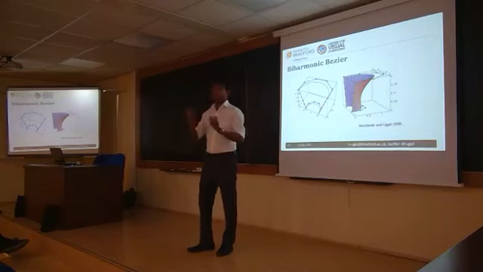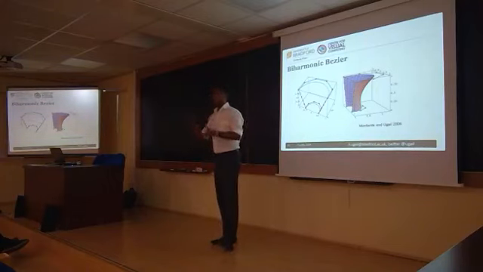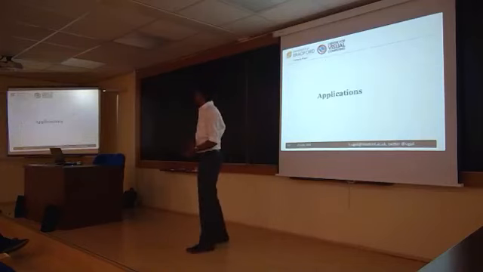So this is what we call the biharmonic Bezier surface. It's a Bezier surface, and at the same time it satisfies the biharmonic equation. This is sometimes useful when you're designing things for functionality purposes.